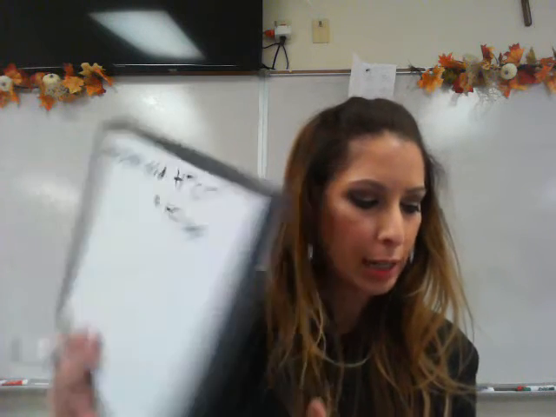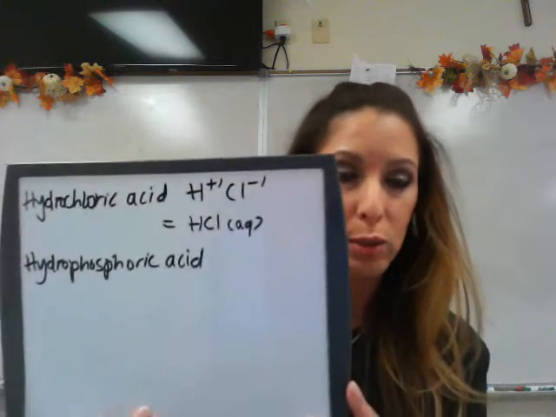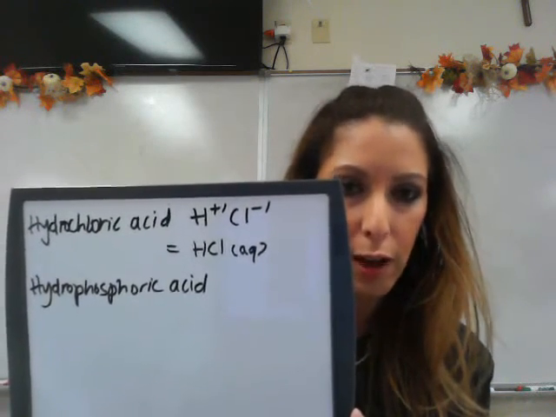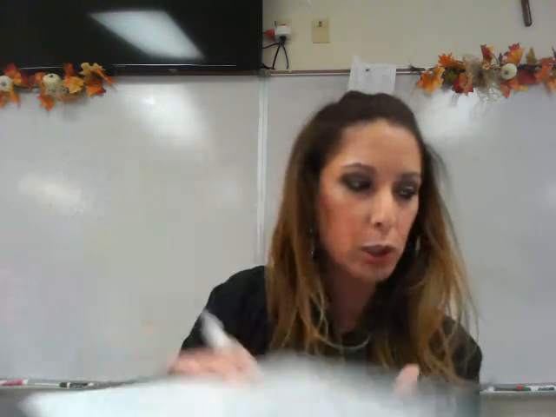The next one is hydrophosphoric acid. Remember, when it begins with hydro, that means it's a binary acid. So this is hydrogen attached to the nonmetal phosphorus. We look at the periodic table for the charges. H is +1, P is -3.